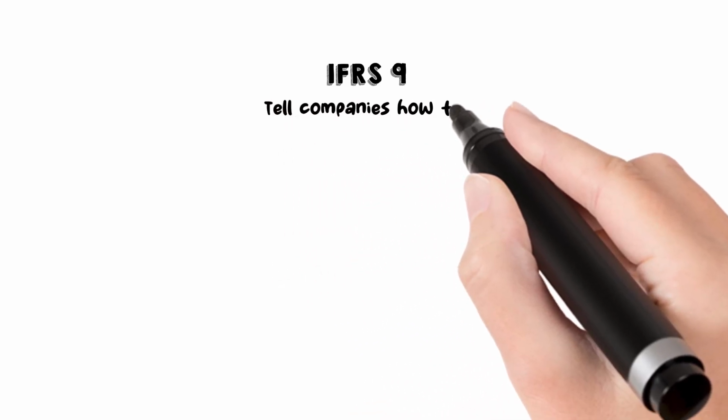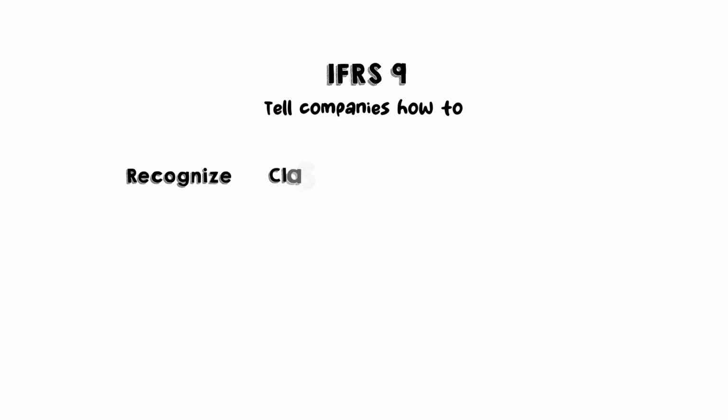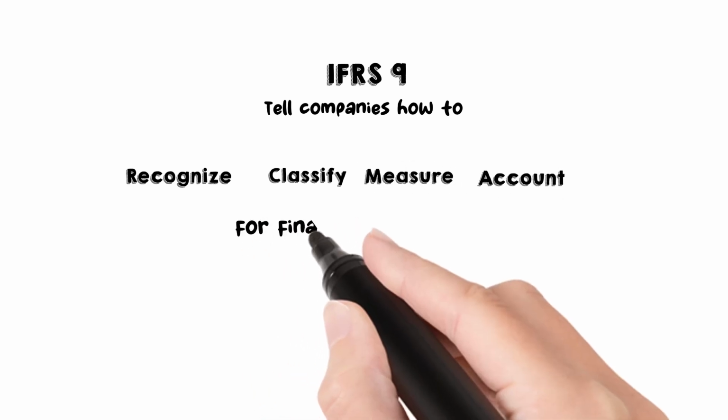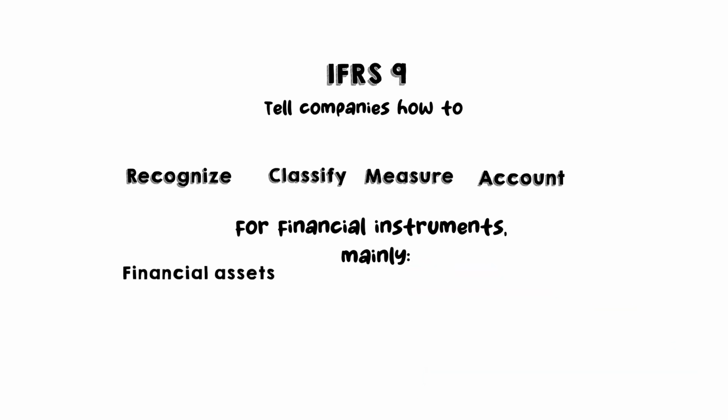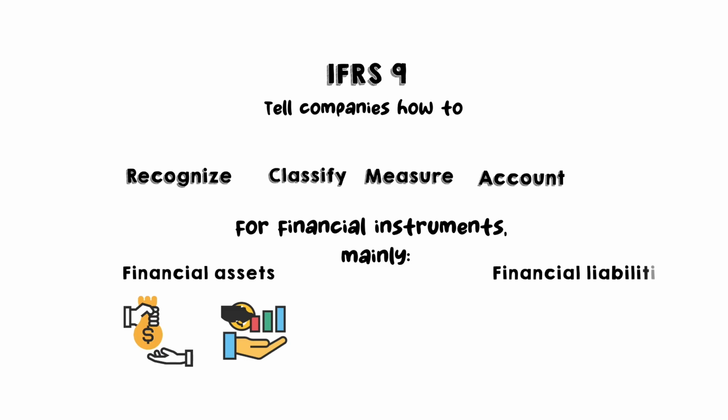IFRS 9 tells companies how to recognize, classify, measure, and account for financial instruments, mainly financial assets like loans and investments, and financial liabilities like borrowings.